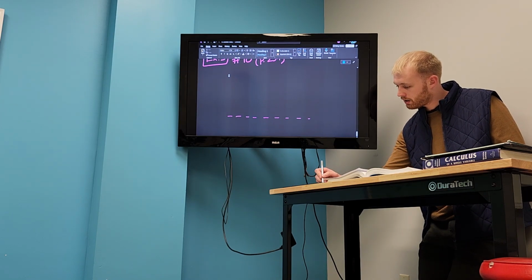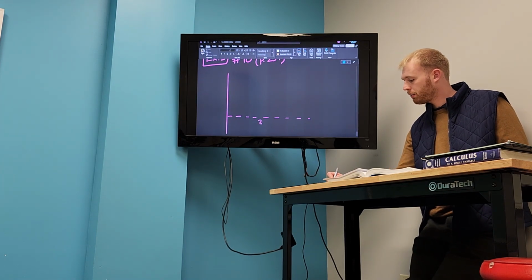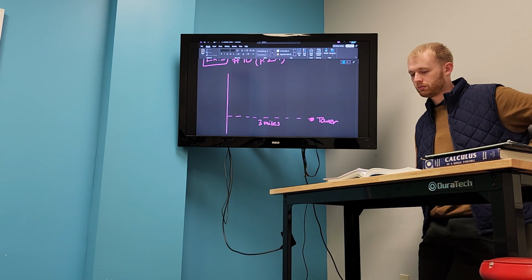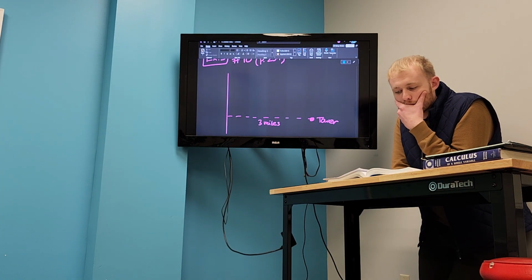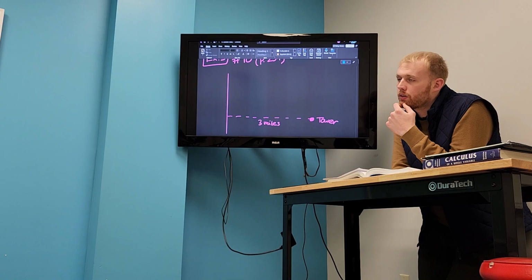And make this line longer. All right, so 3 miles from the interstate is a tower. Okay, what else do we know? The truck is going 65 miles per hour. Does it matter which direction it's going?